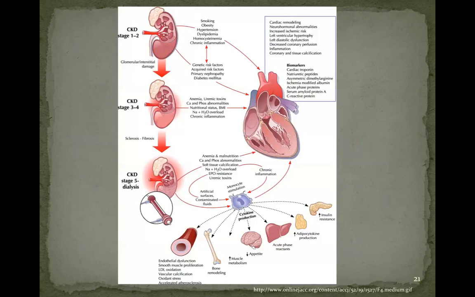Here is a brief slide showing the progression of this type of cardiorenal syndrome with the progression of CKD. You'll see that having your patients with the risk factors, including smoking, obesity, hypertension, dyslipidemia, causes chronic inflammation, and it will make your chronic kidney disease progressively worsen.